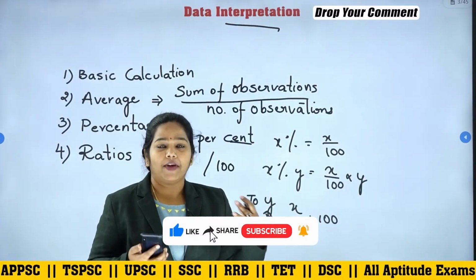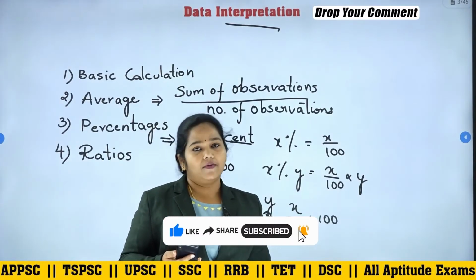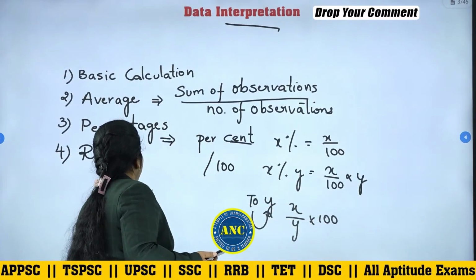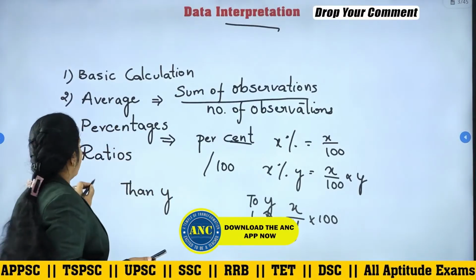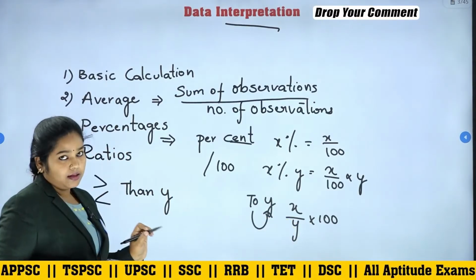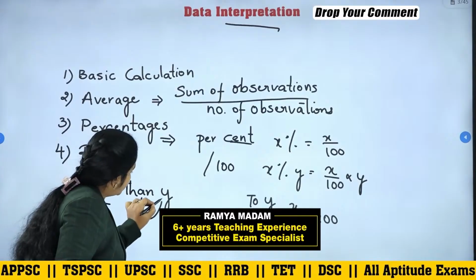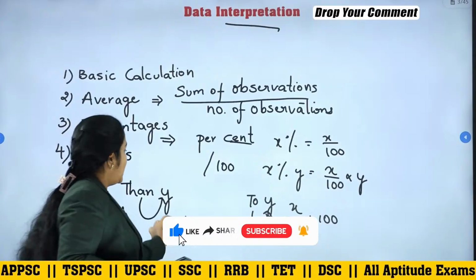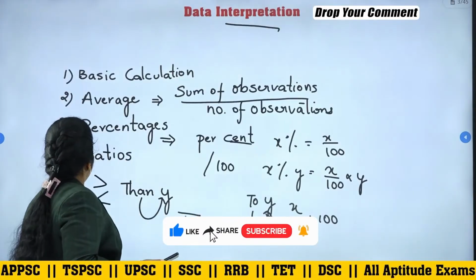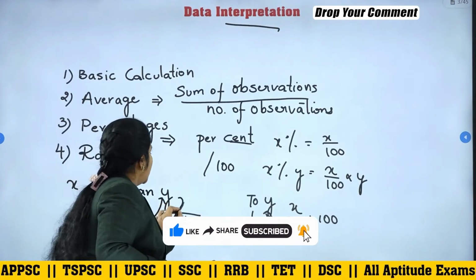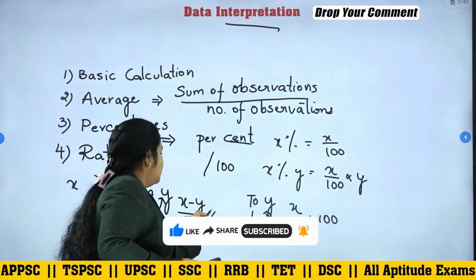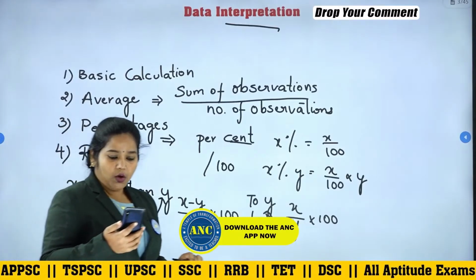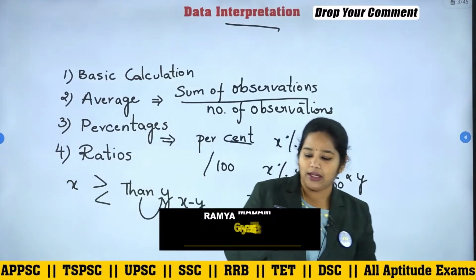If the question is like this, "more or less than Y", then whatever value comes after "than", Y, will come in the denominator. And here we take the subtraction of X and Y, divided by Y, into 100, because we are taking percentage. Hope the things are clear to me.